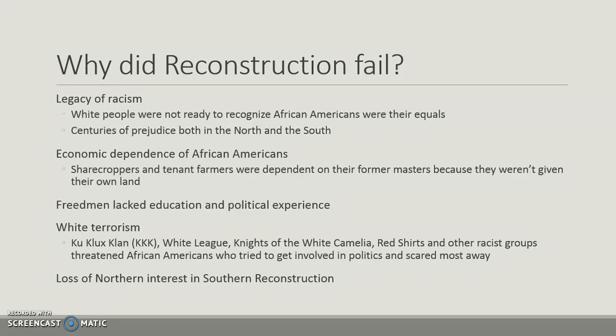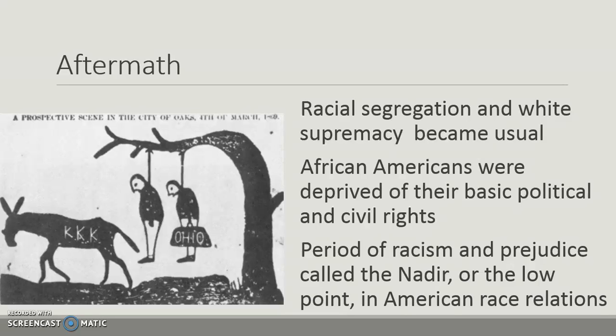They're going to have mass industrialization, so their factories are going to change, and all of these things are going to take energy away from Southern Reconstruction, and Northerners are going to want to focus on what's happening where they are and not on what's happening in the South. So this is really going to lead to what's left when the North stops paying attention.